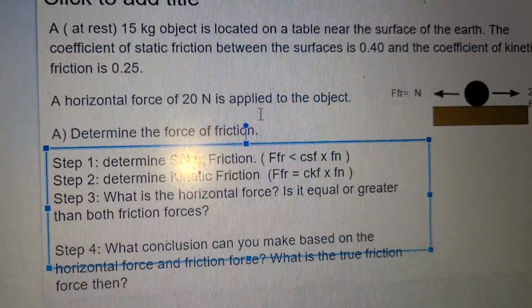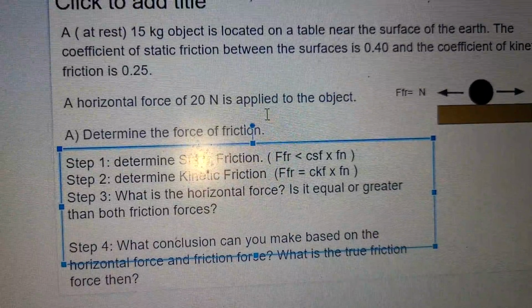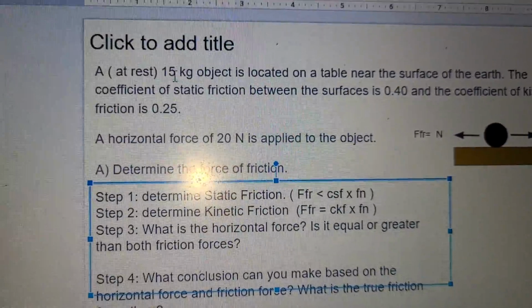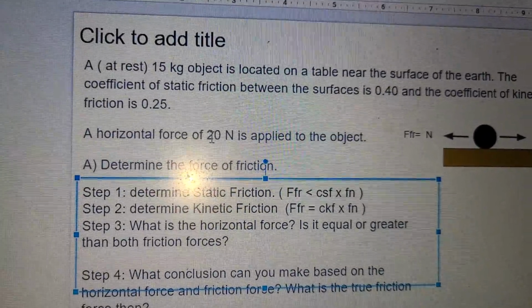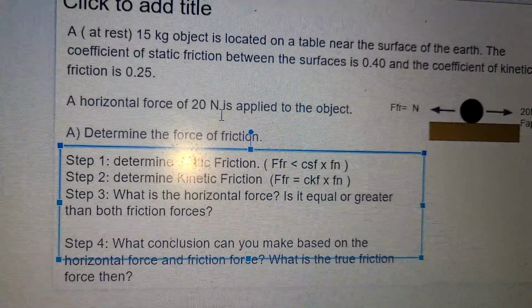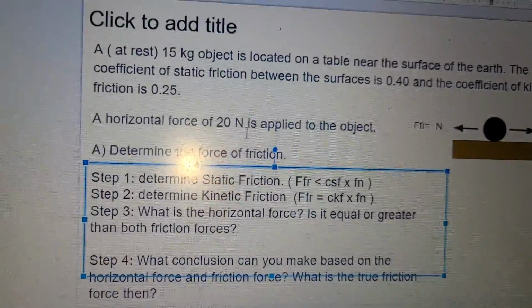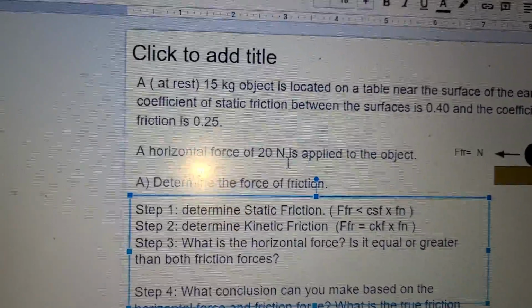So now, what is the question asking us to find? The horizontal force. Well, we have the horizontal force. What is the horizontal force being applied to this object? 20 newtons. So this person walked up to this object on the table and just applied 20 force to this object.